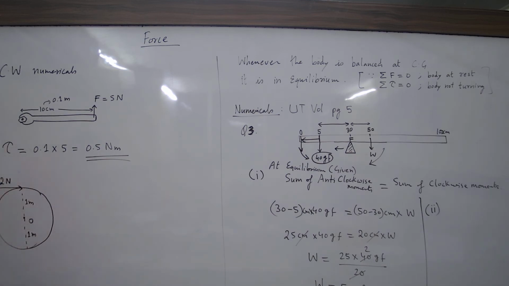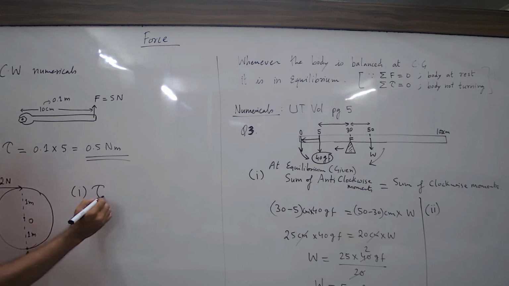So what is asked? Calculate the moment of force about the center O and point A. So this is point A. At center O is tau. I had explained what is tau? Moment of force.